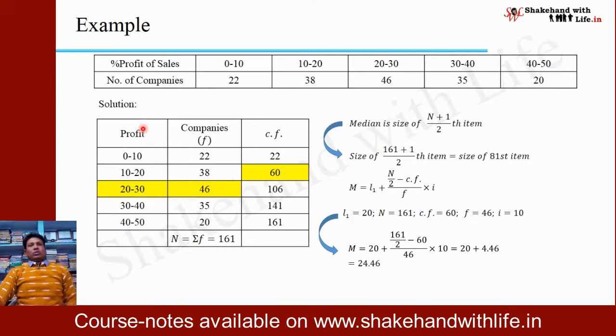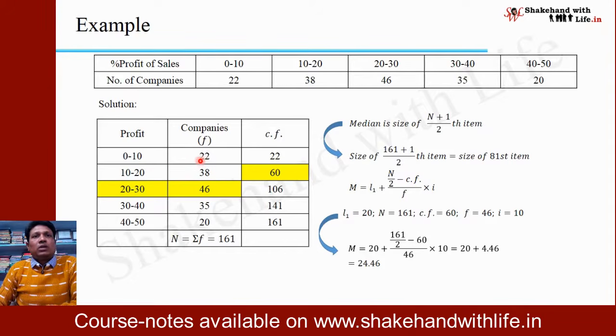You need to arrange the data column-wise: the profit share, and the frequency, that is the number of companies corresponding to the profit.